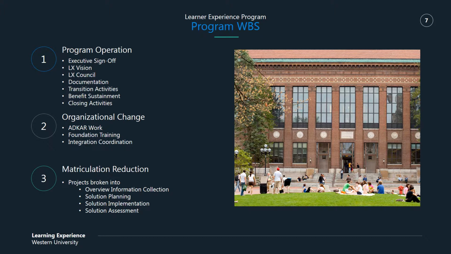And then we have our matriculation reduction tasks, and these are what might be seen as our project work as a whole, getting those benefits that will get our matriculation rates down.